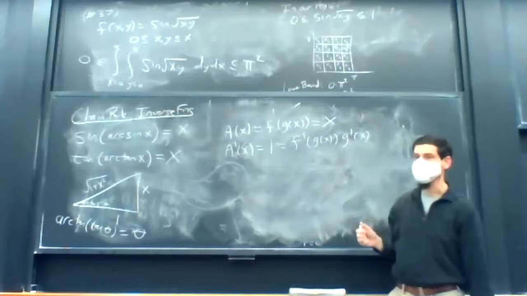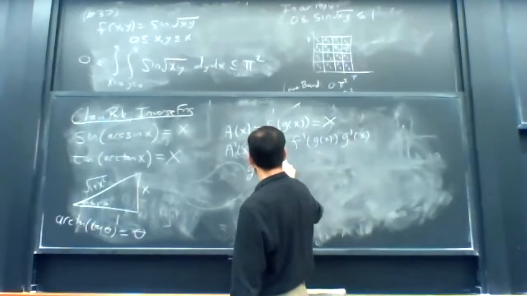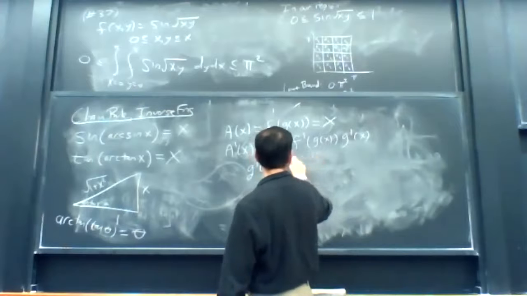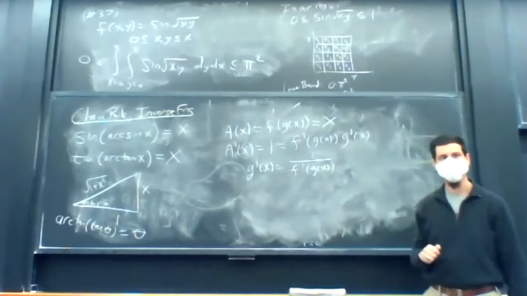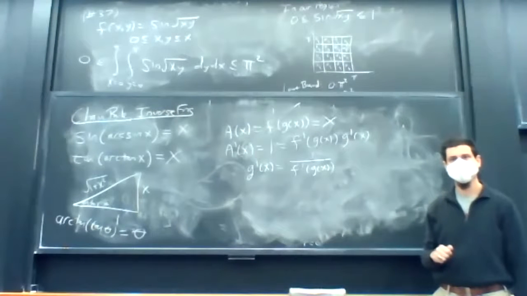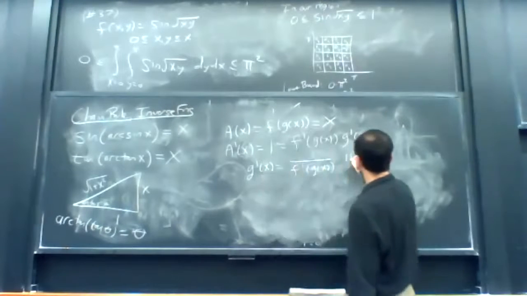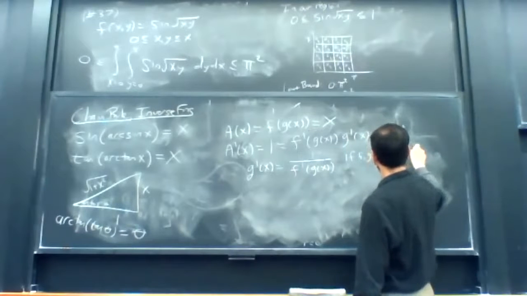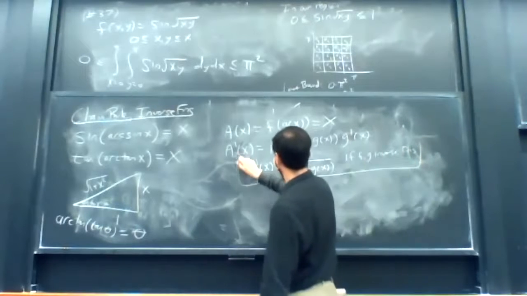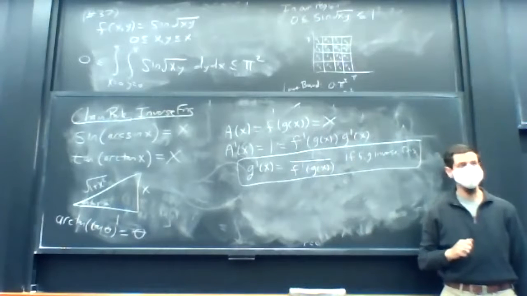We can solve for g prime. So g prime of x is 1 divided by f prime of g of x. This is a beautiful relationship when f and g are inverse functions. What it tells you is if you know one derivative, you know the other.